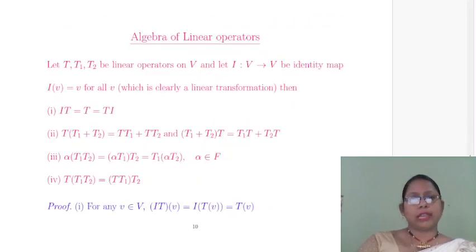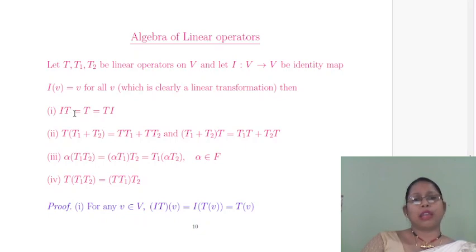Next is the algebra of linear operators. Let T1, T2 be linear operators on V, and let I from V to V be the identity map given by I of v is equal to v for all v. Clearly I is a linear transformation. Then the following conditions hold.